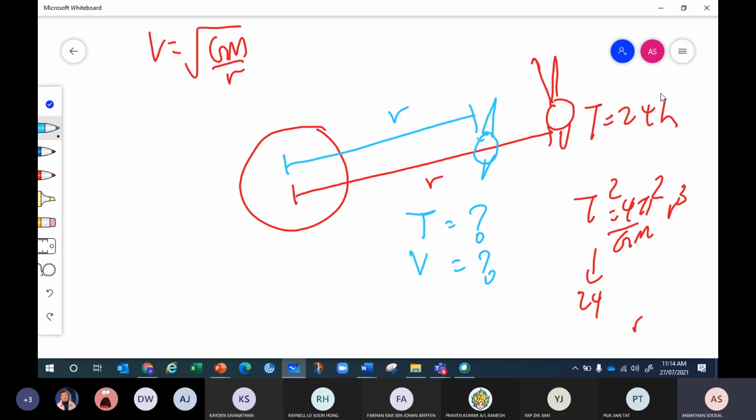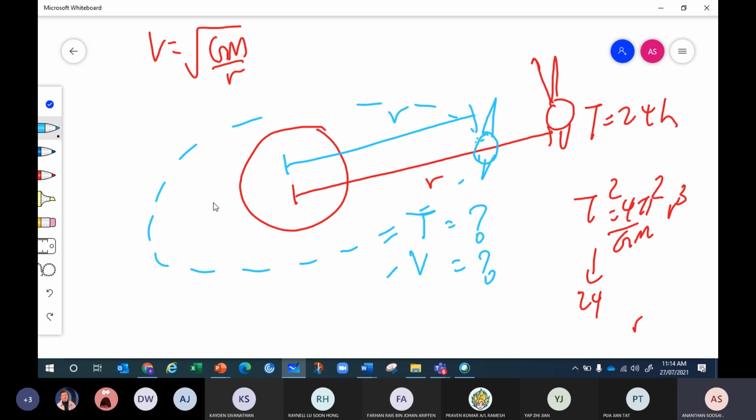Compared to the 24-hour period satellite, if a satellite is close to the Earth, what about the period and the orbital speed? Try to think with these equations. Is the period of this satellite going to be smaller or more than 24 hours? The further one has a period of 24 hours. The nearer one will have more or less?